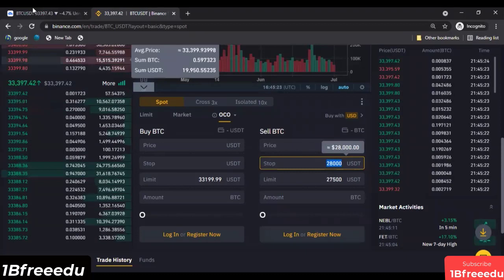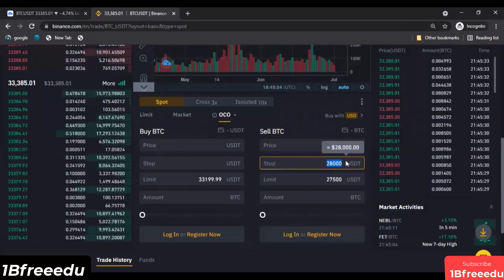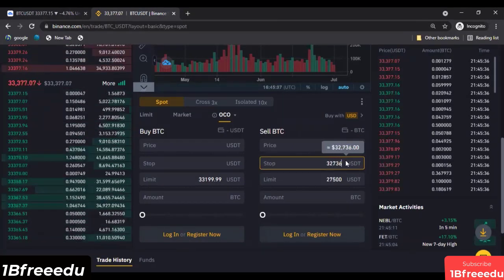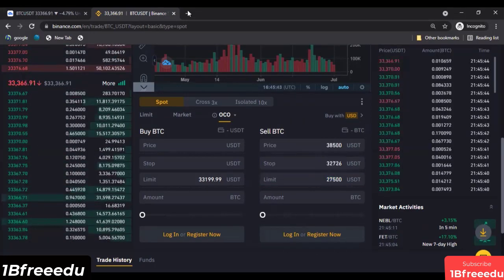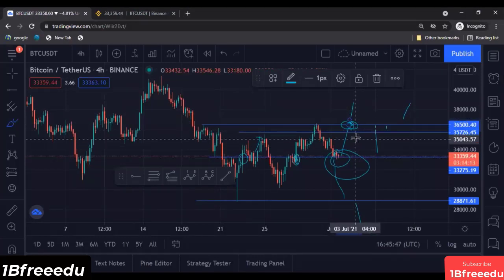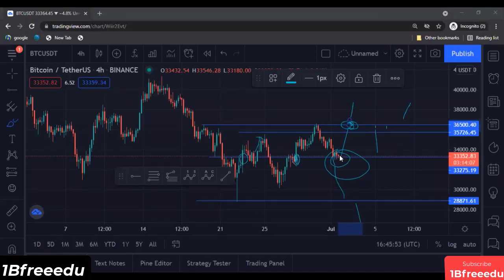So you will say that, for example, if the price comes to this support, and you say that if there is a breakdown from here, then you can sell all or a limited number at 34,500.